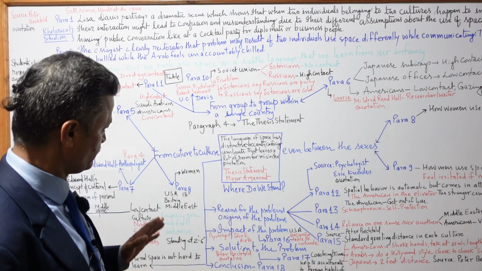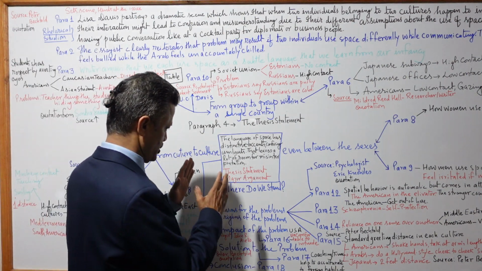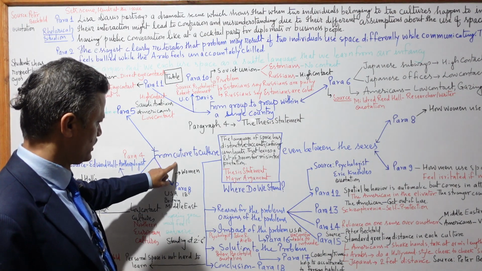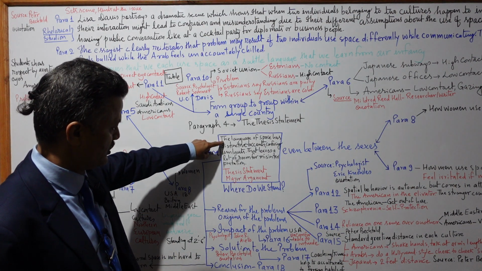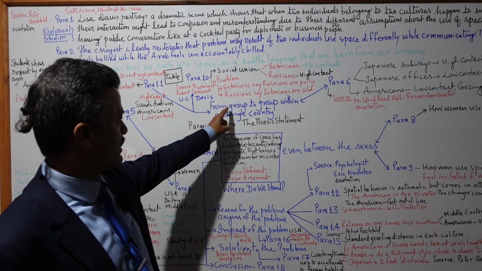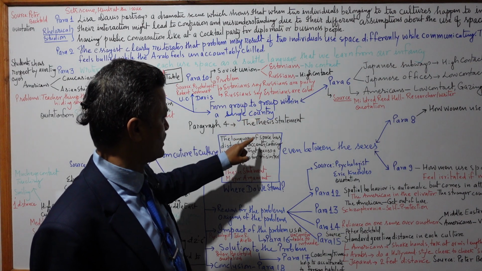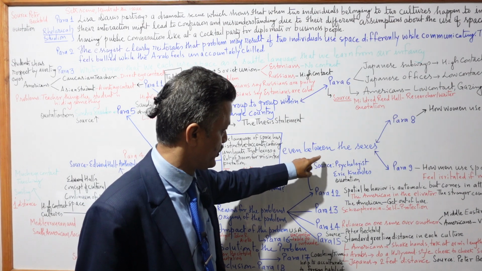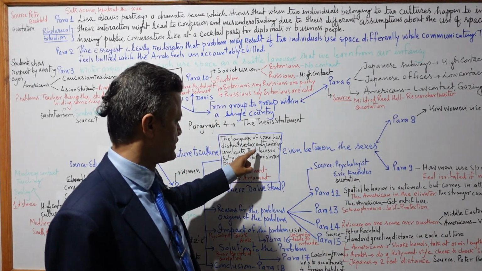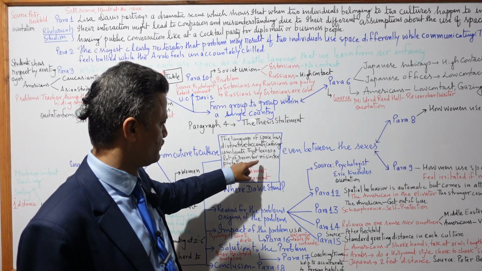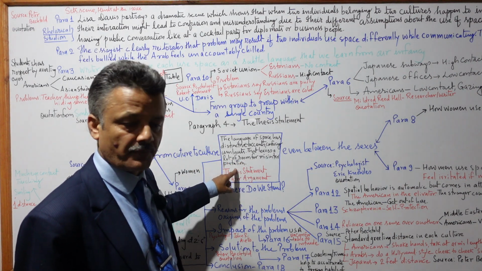So what I have done, the thesis statement has 3 ideas. One, I write from culture to culture, the language of space differs. From group to group within a single country, the language of space differs. Even between the sexes, the language of space differs. And this difference leaves a lot of room for misinterpretation, the problem.